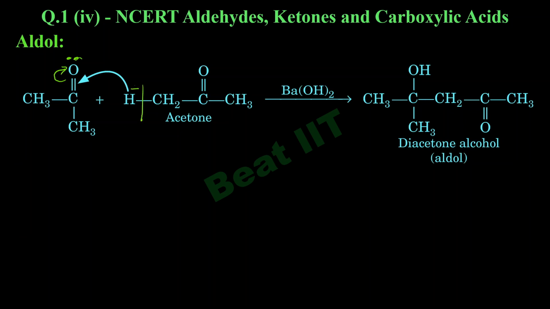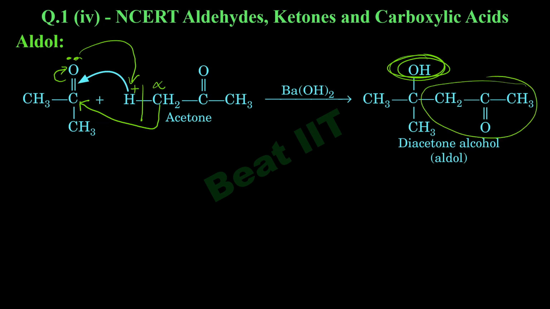this bond will break, this will become H plus. Here attack will be there on H plus. H plus will combine with oxygen and produce OH. And this carbon, which is the alpha carbon, will go to the carbon of the carbonyl group. It will get attached to the carbon of the carbonyl group. So you can see it is attached to the carbon of the carbonyl group.